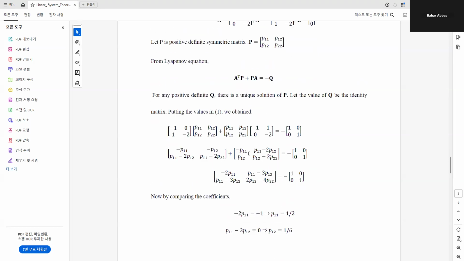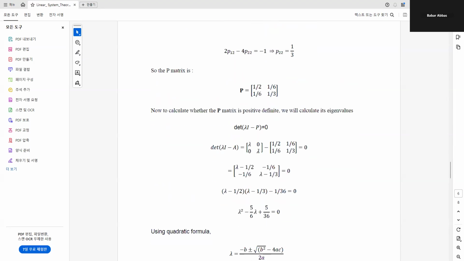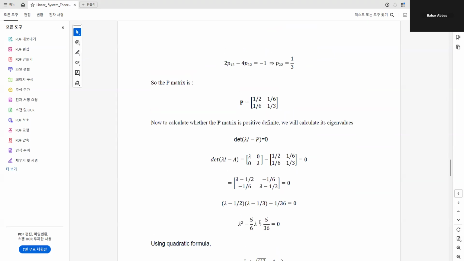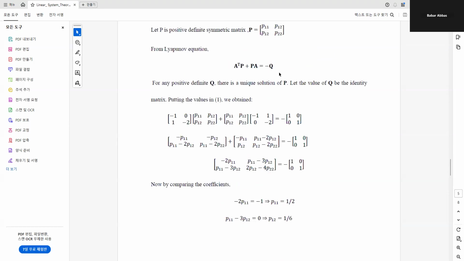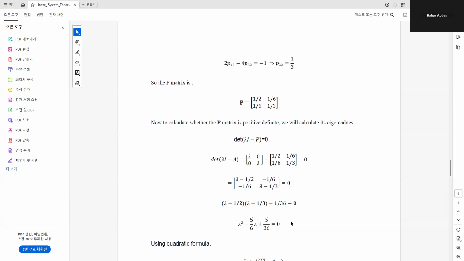By multiplying A transpose with P and adding P A, we have the coefficients, which are minus 2 P11 and so on. By comparing the coefficients, P22 is 1 over 3, P11 is equal to 1 over 2, and P12 is equal to 1 over 6.